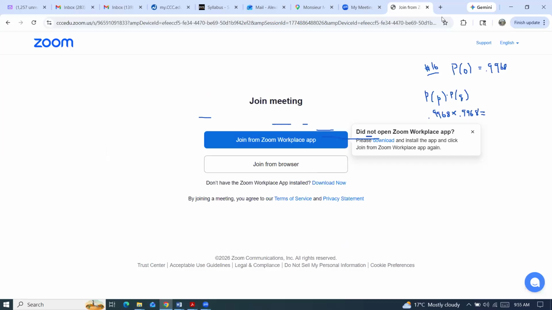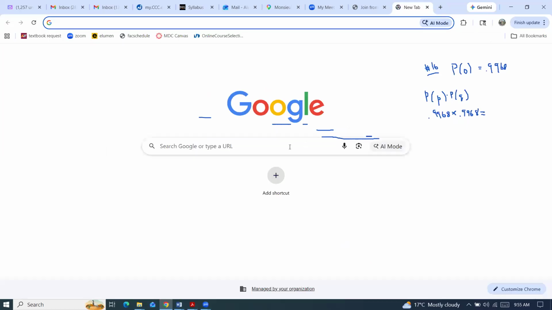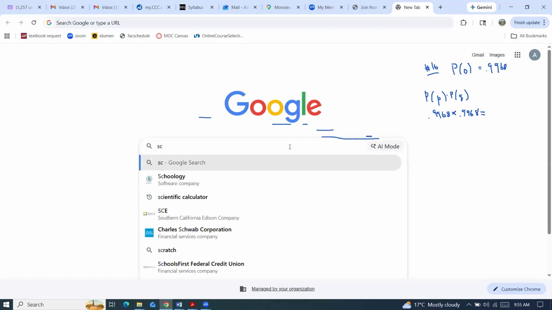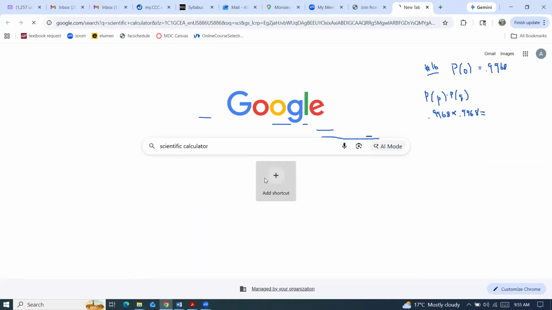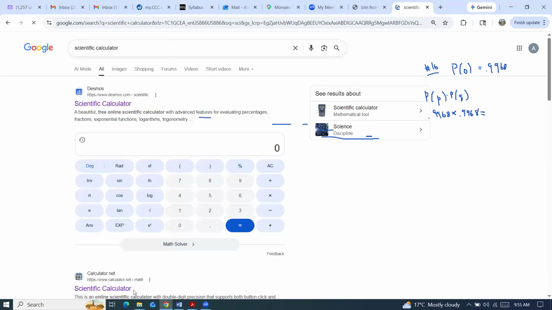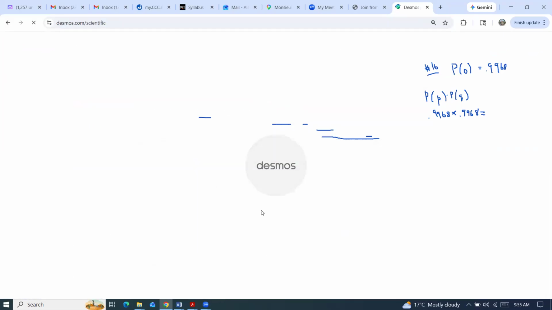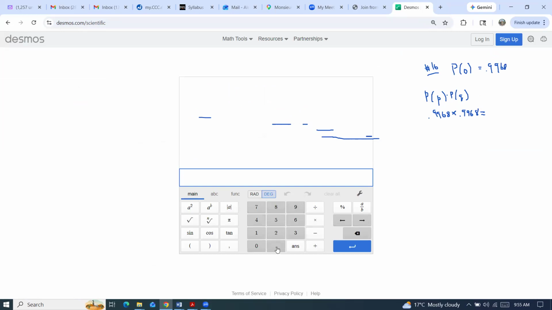I'm gonna get my favorite scientific calculator, and put in 0.9968 and times it by 0.9968. Some people say, Alex, why don't you square it? Yeah, I can square it or multiply it with itself twice if you're not sure. To be sure is a good idea, right?